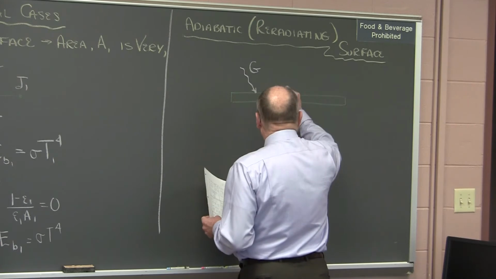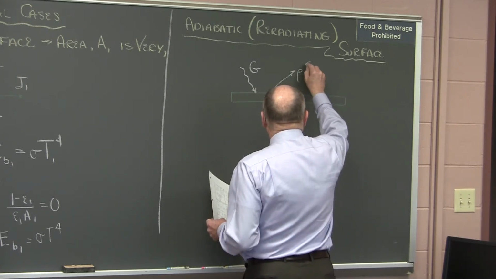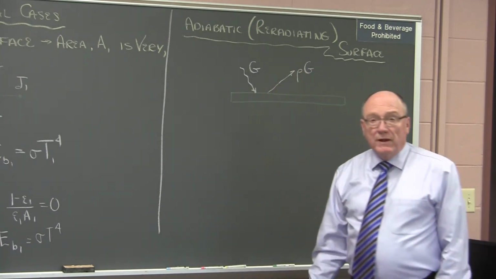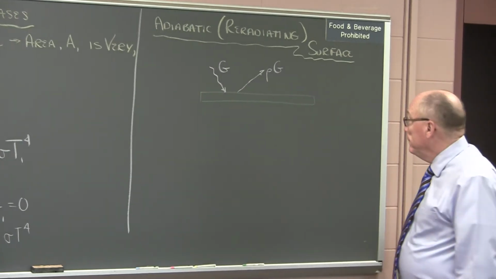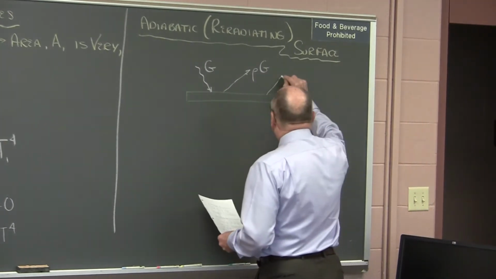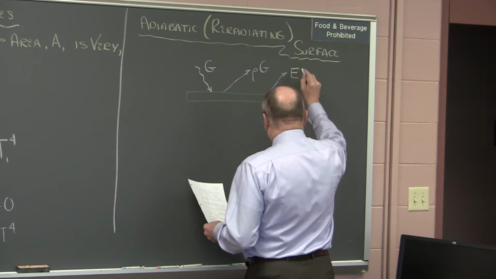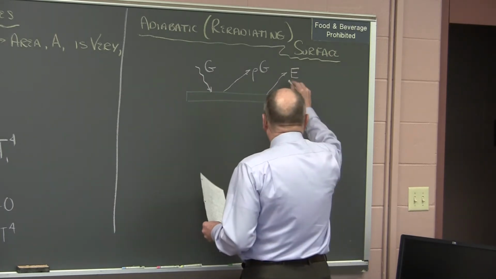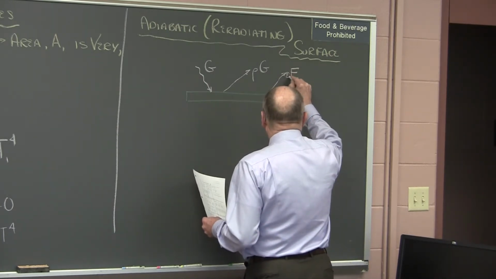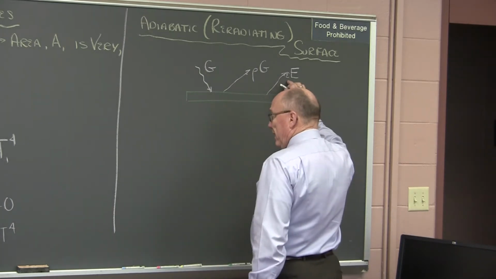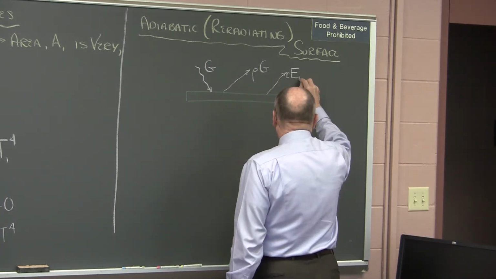We have a certain amount of G which is reflected, that is the reflectivity times the irradiation, G. And of course we have the emissive power, which will be represented as epsilon, the emissivity times the black body emissive power.